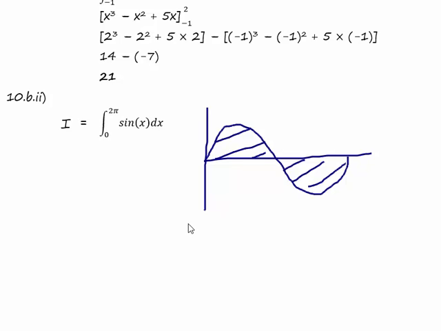Now, areas in integration are positive when they're above the x-axis and negative when they're below the x-axis. So if we integrate sine x from 0 to 2 pi, I'm going to get 0. So instead of integrating from 0 to 2 pi, I'm going to integrate from 0 to pi over 2, which is a quarter of the whole curve, and that way I will get an area.